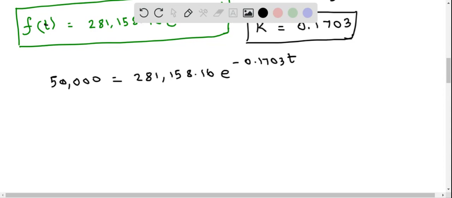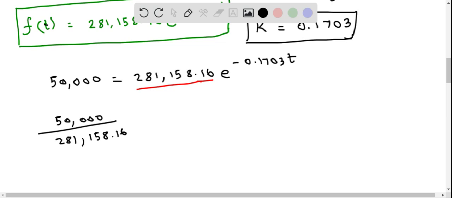So this involves some algebraic calculation. First we have to divide both sides by this quantity, 281,158.16. So this will become 50,000 divided by 281,158.16. This is equal to e raised to the power of minus 0.1703 t.